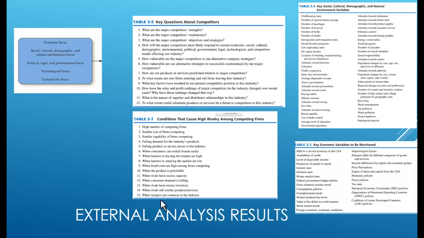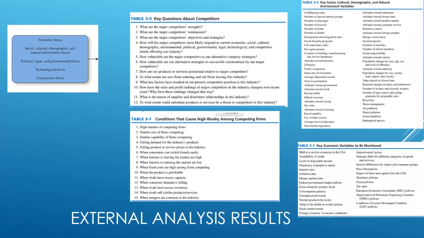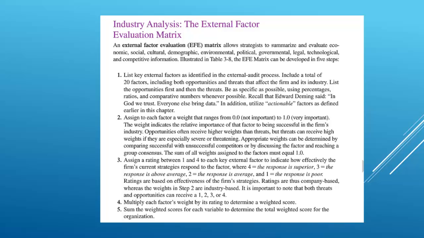Now, how do we take all this external analysis that we have gotten, our opportunities and our threats that hopefully we have used specific data with, and look at it further? In your text, you'll see this industry analysis, the external factor evaluation matrix. In this matrix, you're going to list those key external factors that you identified.